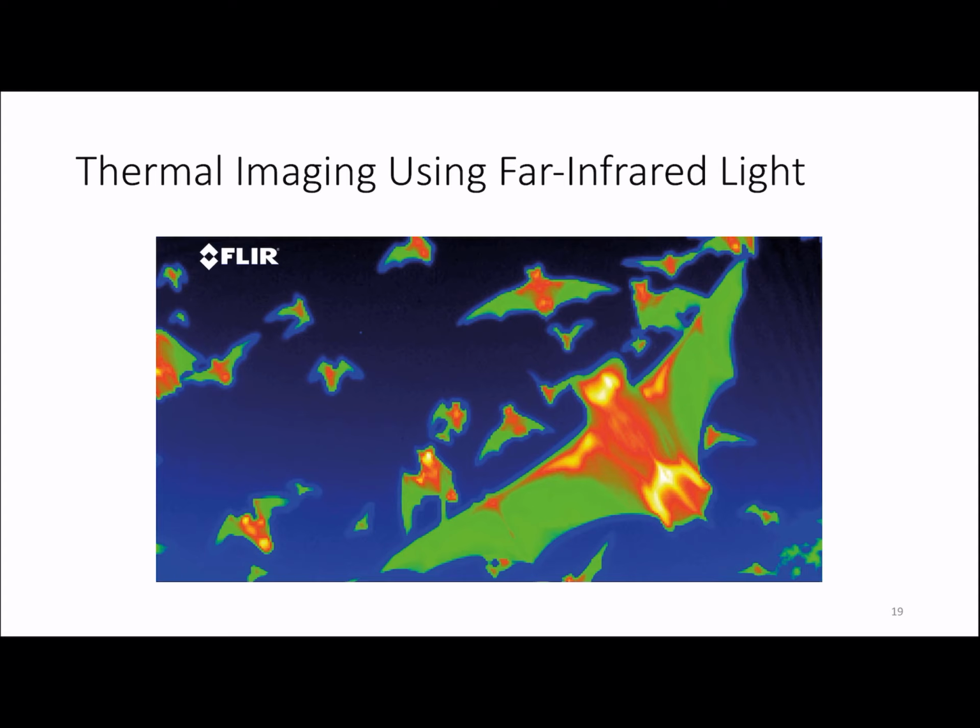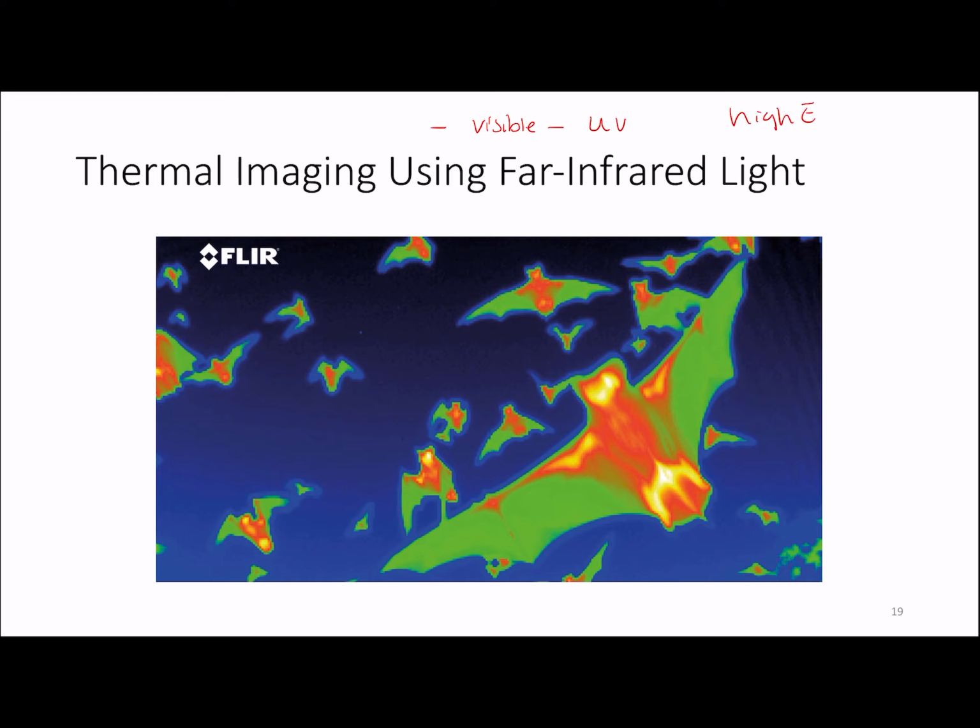So we can use light for different types of imaging. Here I have a thermal image using far infrared light, and these are of bats. Now far infrared light, what that means is that if I have the visible spectrum, on one side I have UV, and this is high energy.